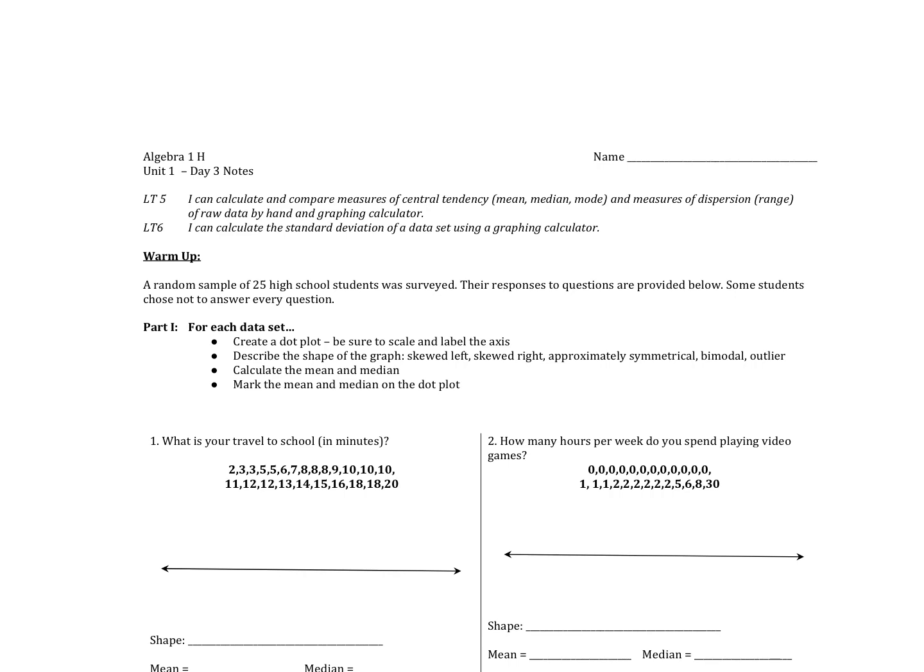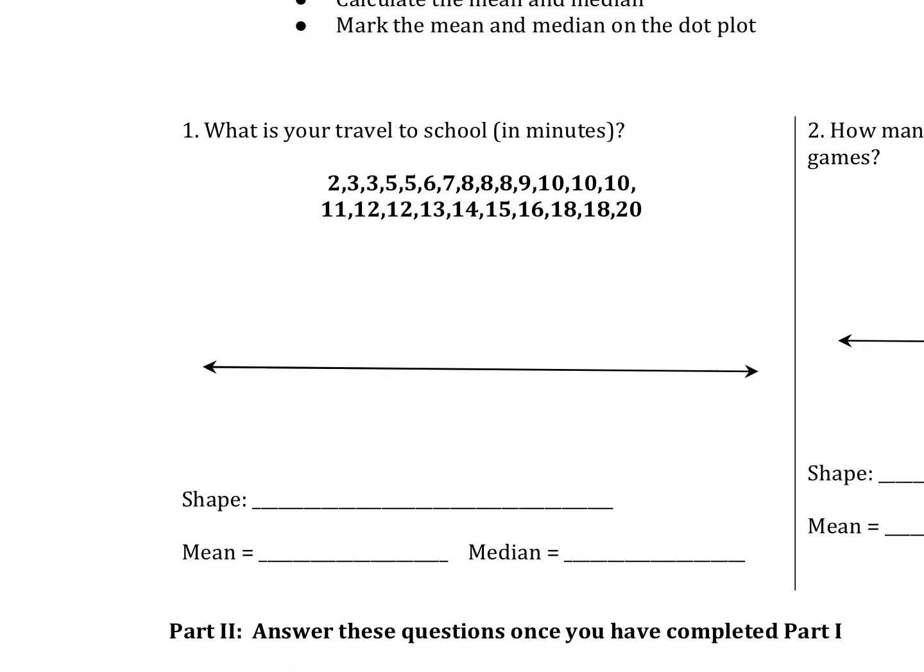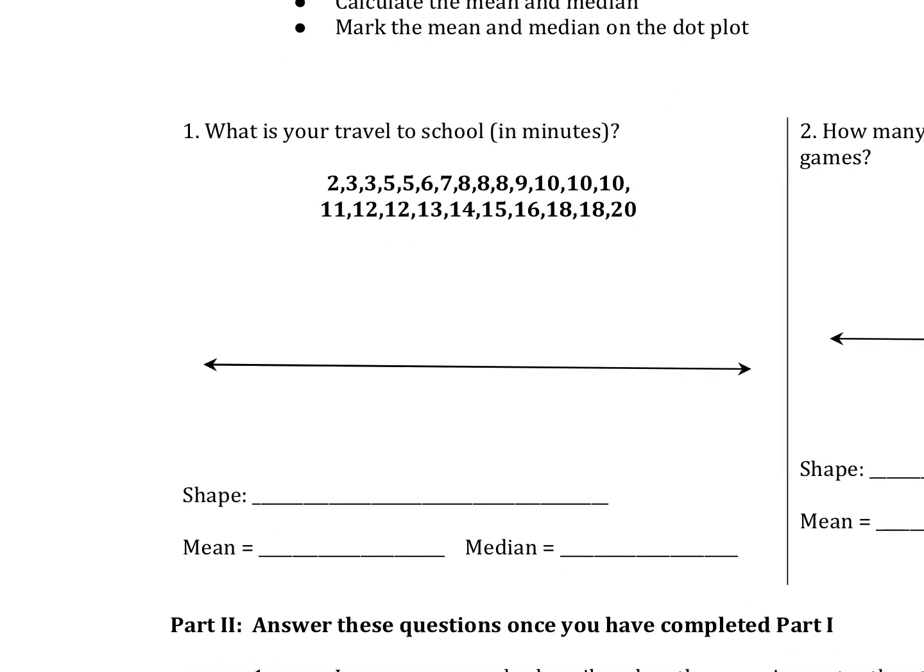All right, let's take a closer look. So for question 1, I can see my intervals go from 2 to 20. So I'm going to want to make sure that I have enough space for everything. So I'm just going to do 2.